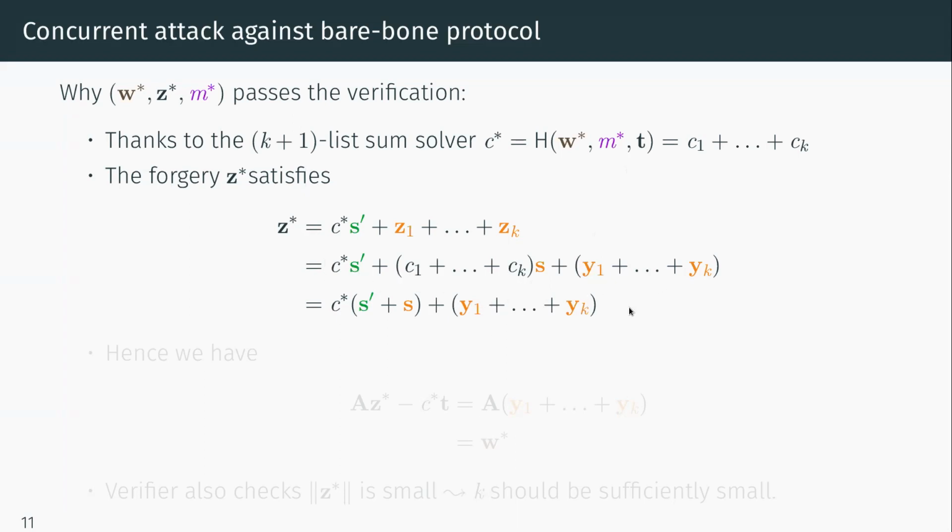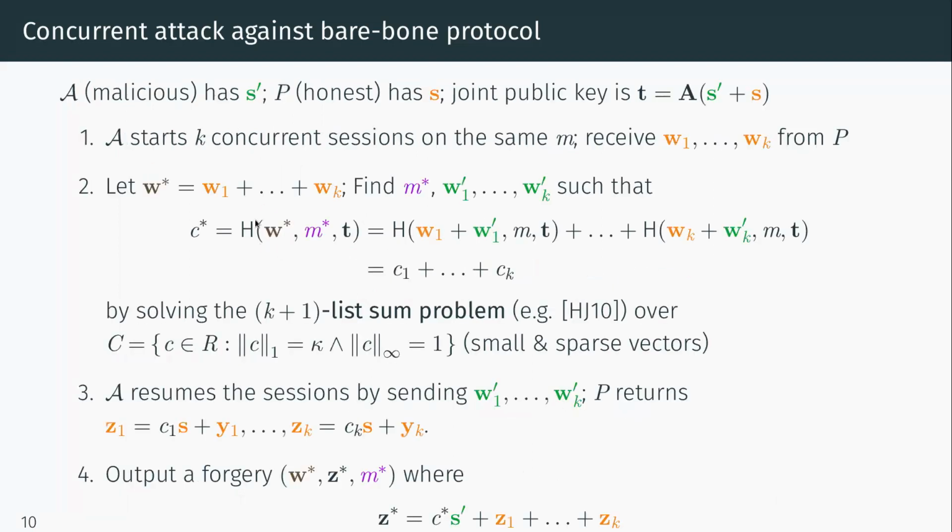Then again, the sum of this Y value sent from the honest prover corresponds to this W star, which the adversary has found and used during this K+1 list sum solver.